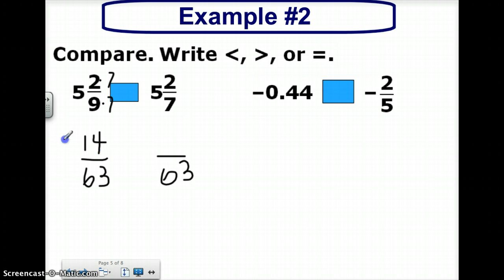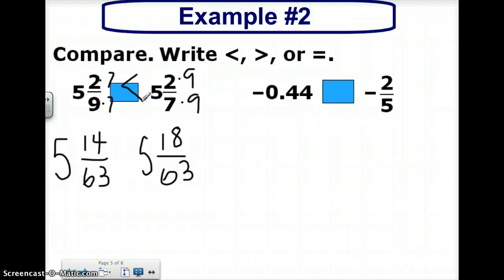Now, place the whole number of 5 in front of that fraction. I multiplied 7 times 9, so multiply 2 times 9. 2 times 9 is 18, and again, place our whole number in front. Now we can write our comparison symbol. Just looking at your fractions, 14/63 is less than 5 and 18/63.